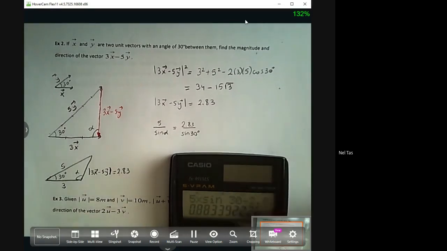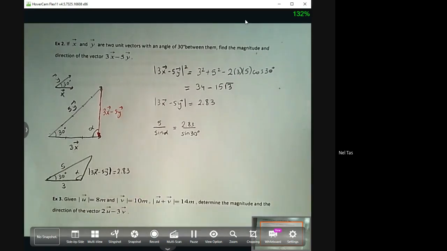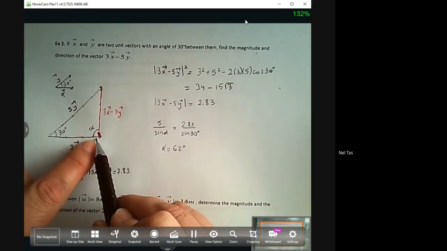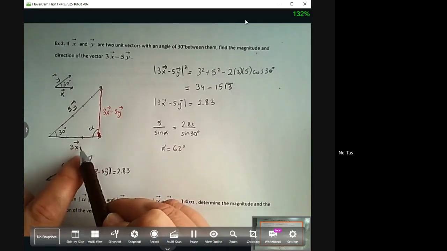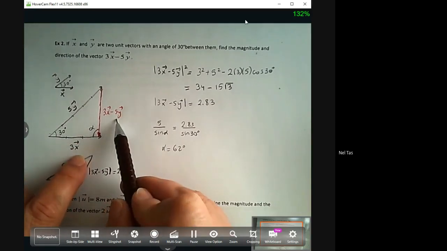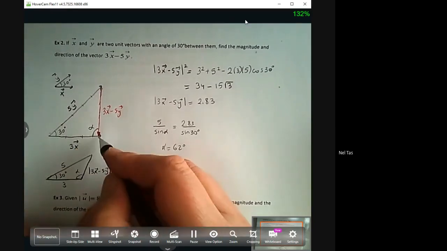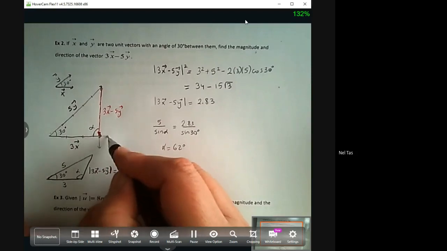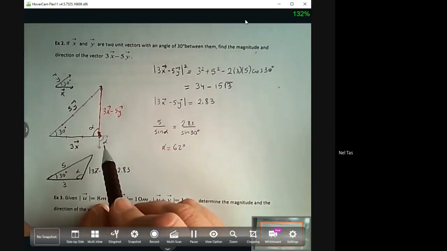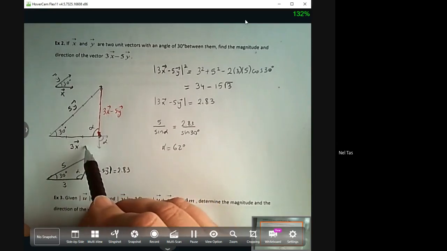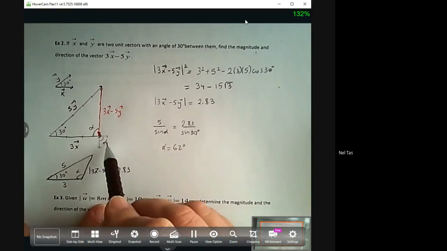So sine alpha is 0.88. So do sine inverse, 62 degrees. So alpha is 62. So this angle is between 3x and 3x minus 5y when they are head to head. But let's remember, when they are head to head and tail to tail, they have the same angle. So we can say that 3x minus 5y and 3x are making 62 degrees.